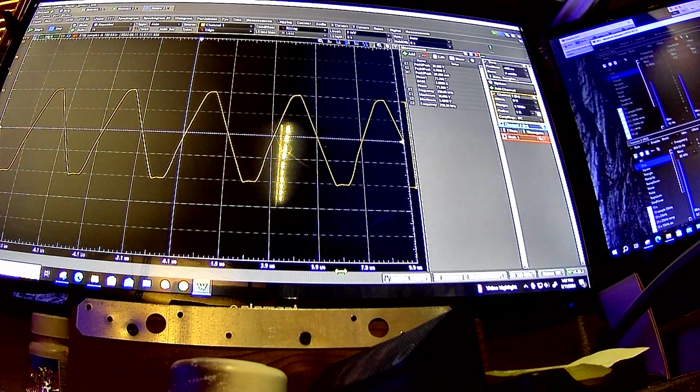Okay, so basically I have it set to a square wave. That's what a square wave looks like, and this is of course slew rate limited. It's a slew rate limited bandwidth, and again I have this set to a gain of 3. At this frequency you're going to have an open loop gain of about 12 or so.